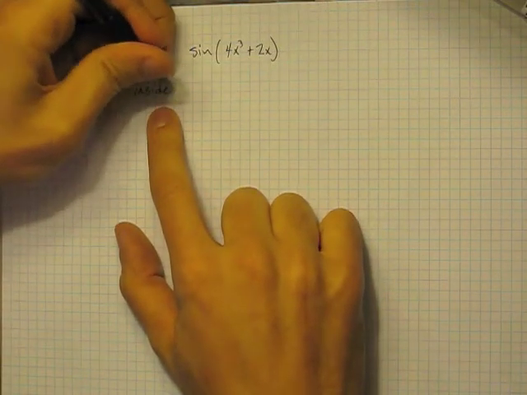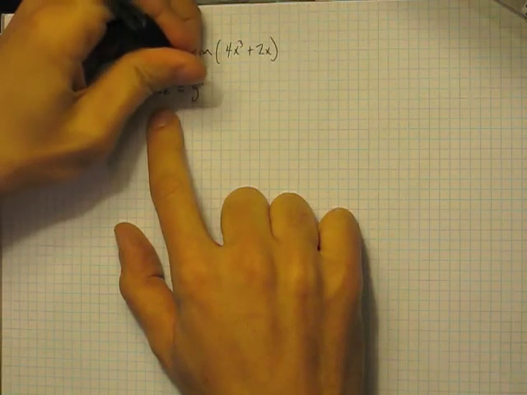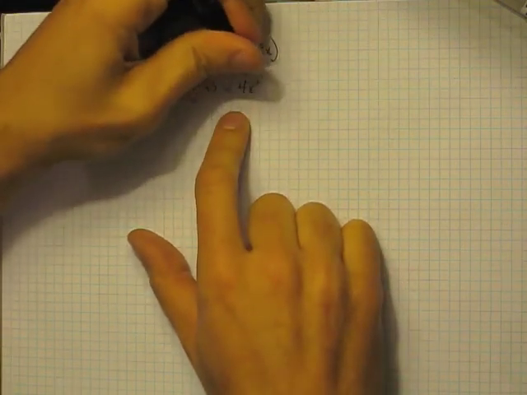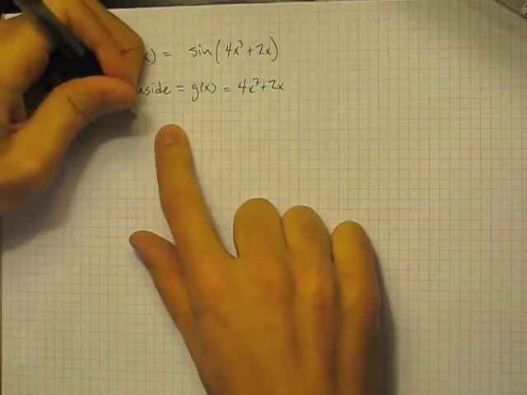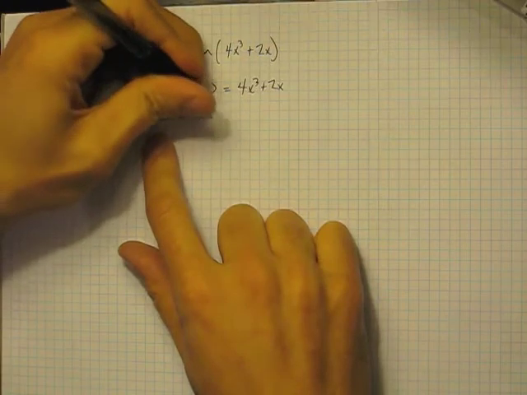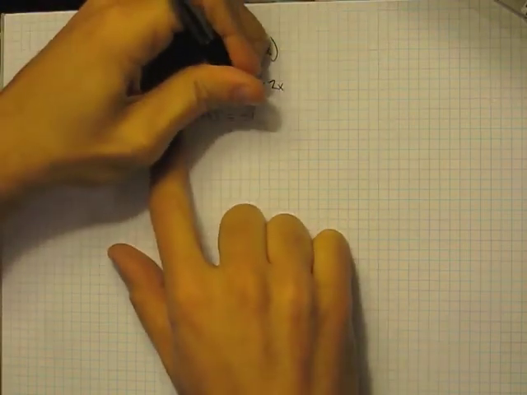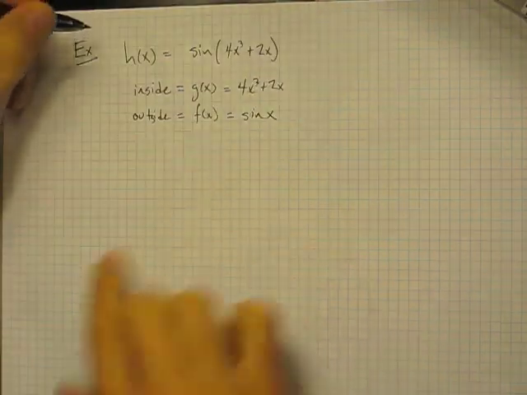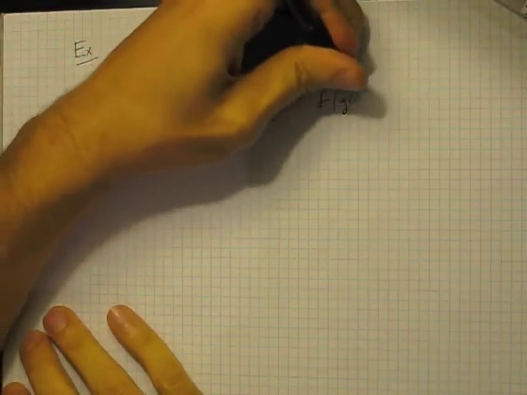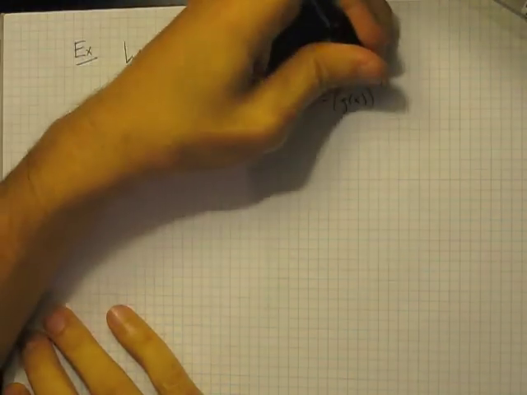It's whatever's inside of the sine function in this case, so that's 4x cubed plus 2x. And then we have an outside function, which is the sine function. Notice if you take f and put g inside of it, then you get h.